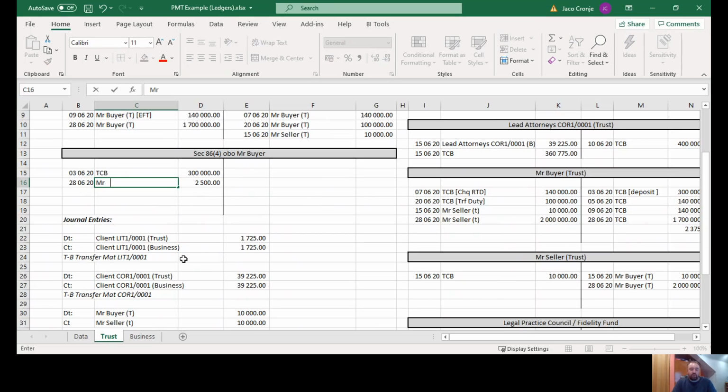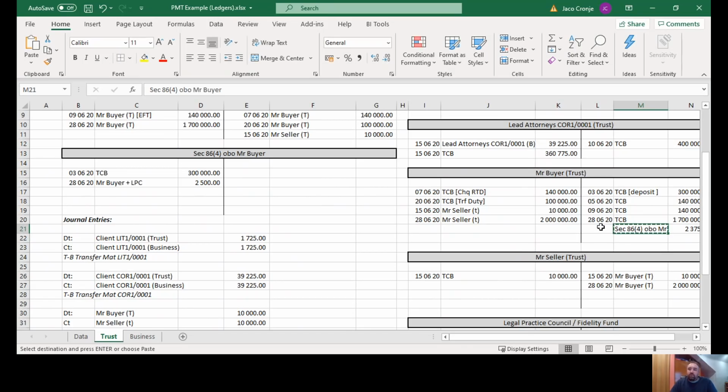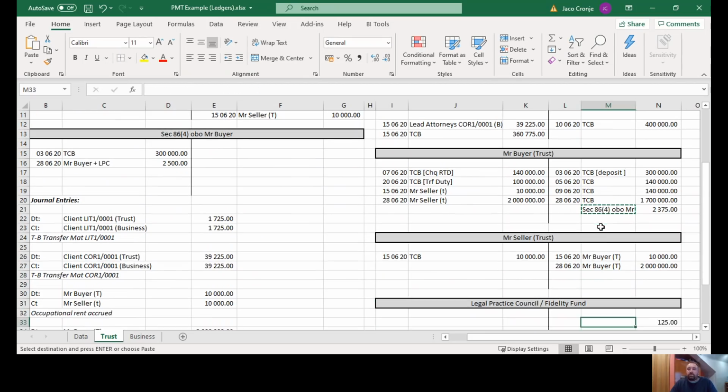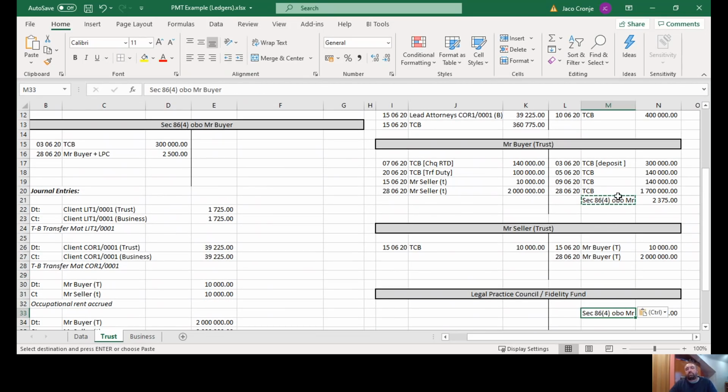I'm going to say Mr. Buyer plus LPC, and in Mr. Buyer's account on the 28th, I'm going to say section 86 on behalf of Mr. Buyer. And in my Fidelity Fund, the same description. This is the description of where the debit is, and in my debit transaction I put the description of the two accounts where I'm splitting this to.